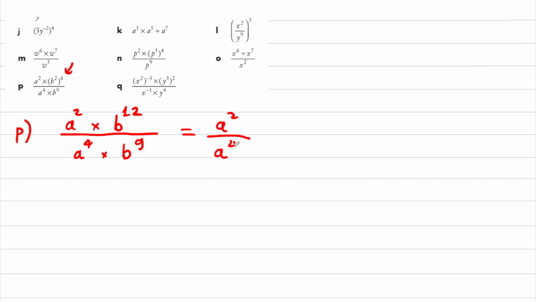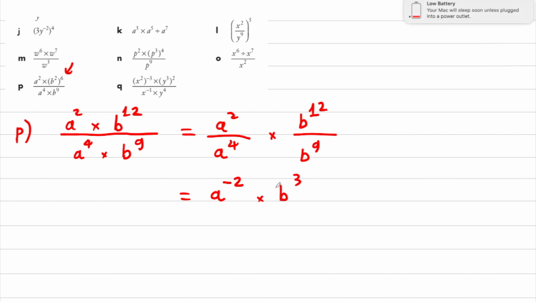The first one is a squared and a to the power of 4, and the second one you have b to the power of 12 and b to the power of 9 like this. So this one is equal to minus 2 because 2 minus 4 equals minus 2, and about b here you will get 3 because 12 minus 9 equals 3. Yeah, that is the way you can solve the working out for question P. That's not easy. Of course, it is not easy.